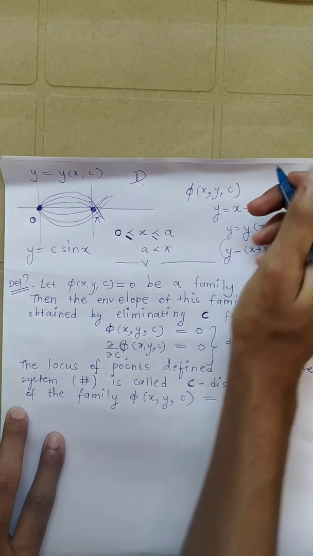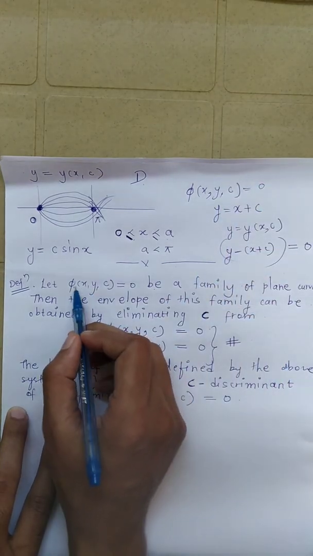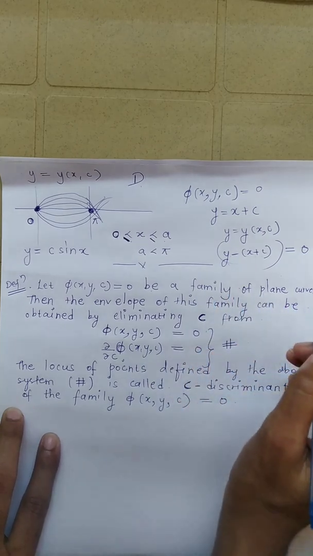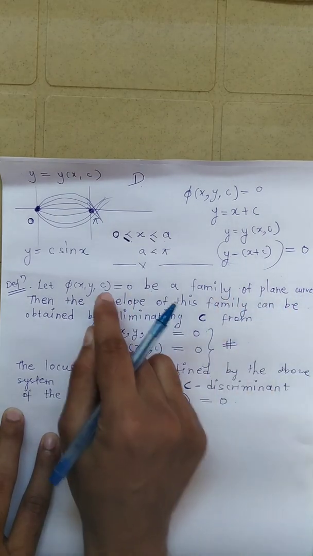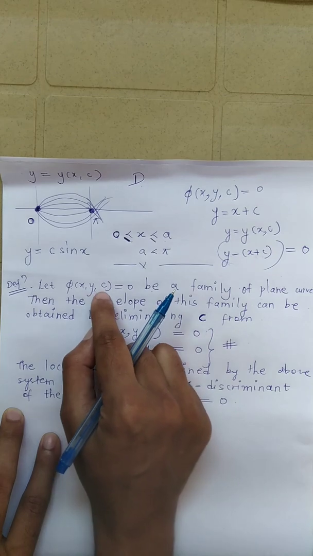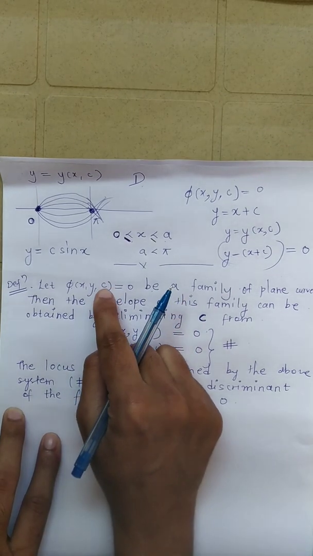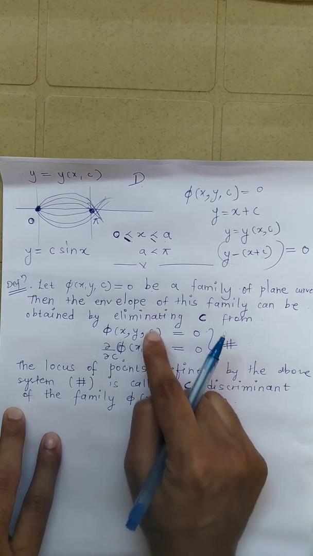Therefore it is said that if phi x y c equal to 0 is a family of plane curves, then we can find the envelope of this family by eliminating c from these two equations.